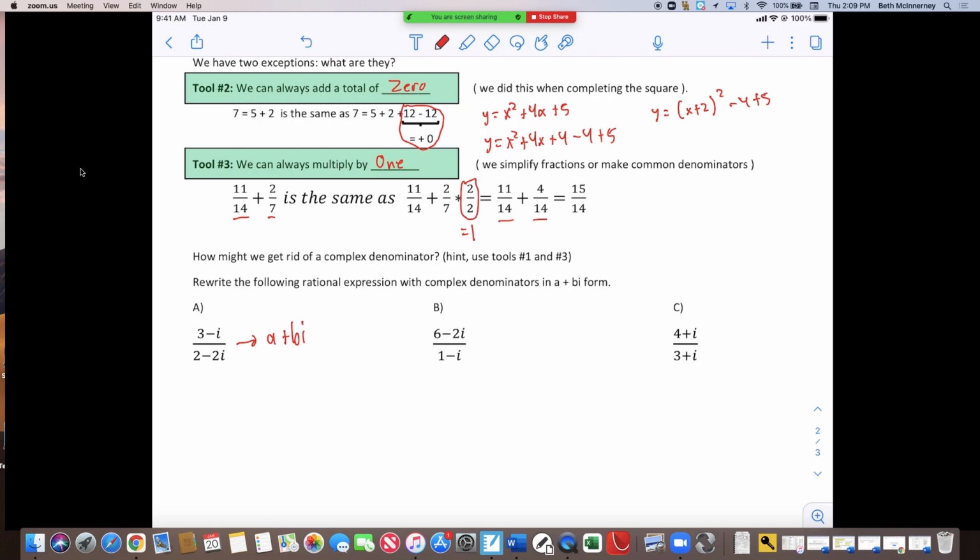So talk through how we might be able to move this complex fraction into a normal complex number and get i out of the denominator. I've given you guys a bit of a hint, all right? Talk amongst your table, guys. Use each other.